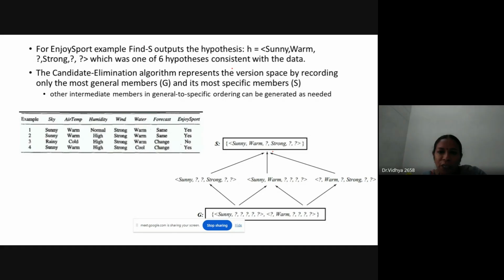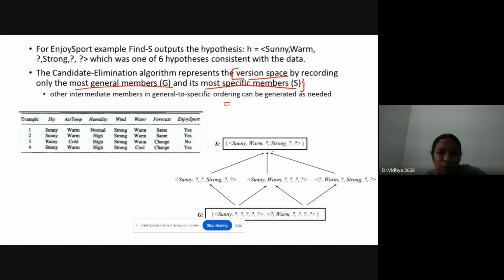It is represented in the version space by recording only the most general members G and the most specific members S. Other intermediate members in general to specific ordering can be generated according to the need.